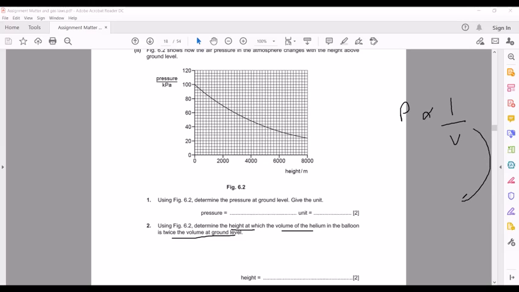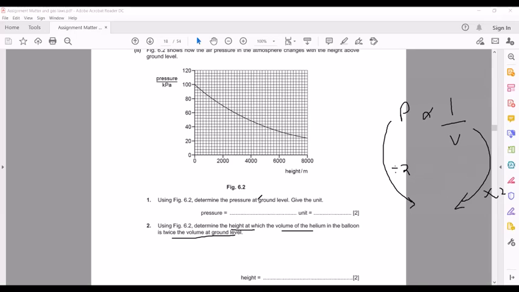So if you need a double volume, what should be the pressure? If the volume is multiplied by 2, then the pressure should be half. Because when two quantities are inversely proportional, if one is multiplied, the other one should be divided.